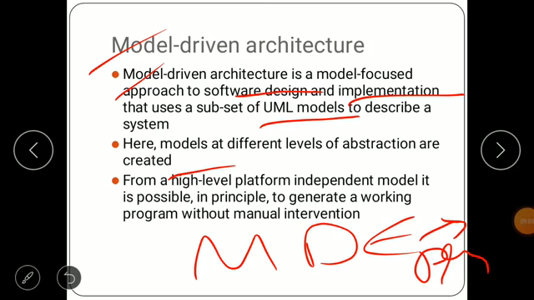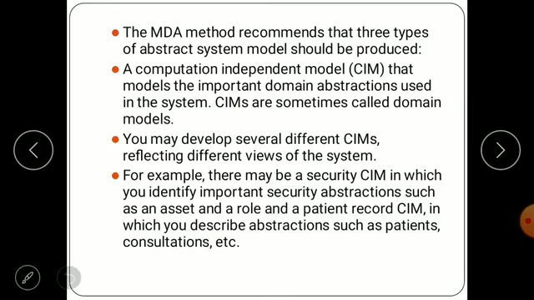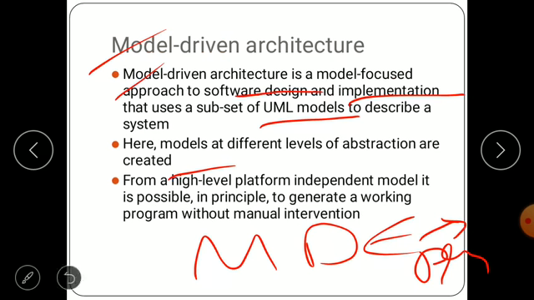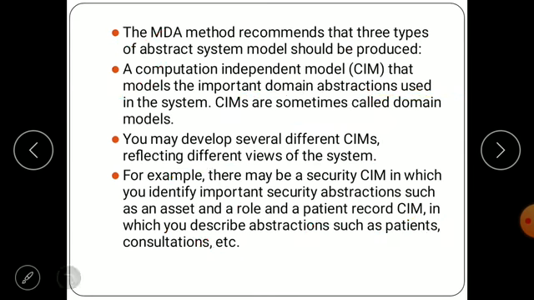This is MDA. The MDA method recommends that three types of abstract system model should be produced.